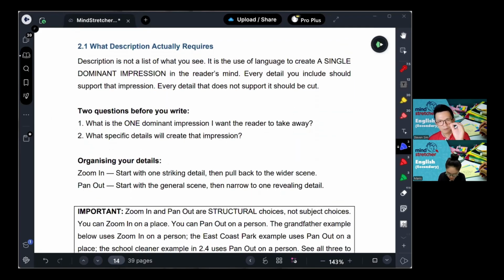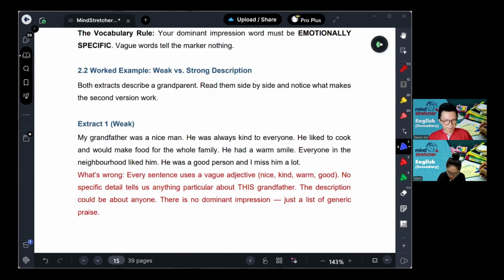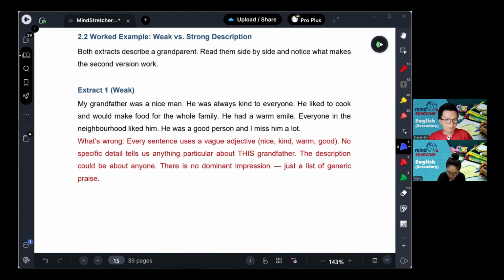So you want to have a dominant impression. What is the one main impression that you want to create? You zoom in, you start with one striking detail, and then you pull out to show that the overall situation is like this. For example, this is the weak version.